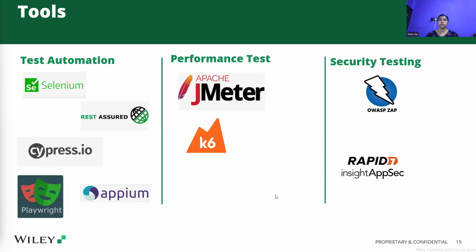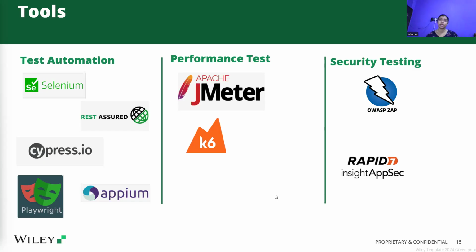So basically, quality engineering does not mean that there's only manual work. No, it's not. We work the same as the developer. We need to have technical knowledge as well. When it comes to test automation, Selenium is free. REST Assured is used for API testing. Then we have Cypress.